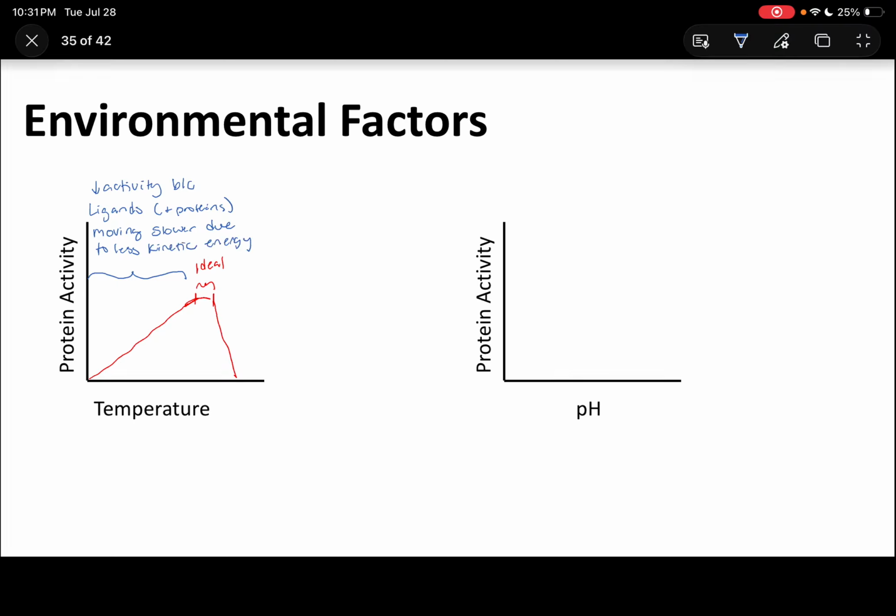That's what temperature is a measurement of, remember? So we've got to remind ourselves that temperature measures the average amount of kinetic energy in a system.